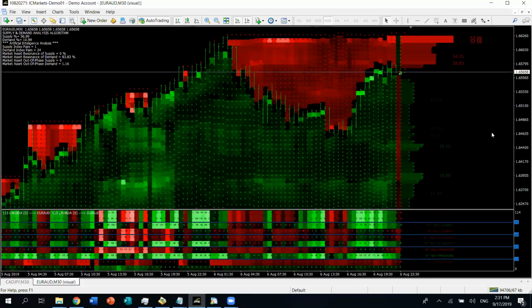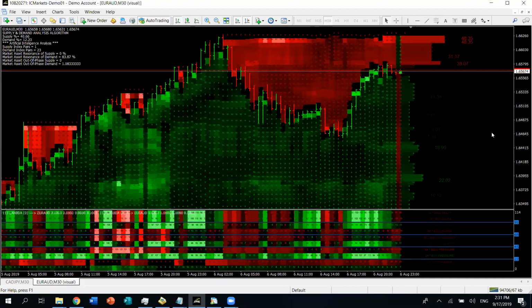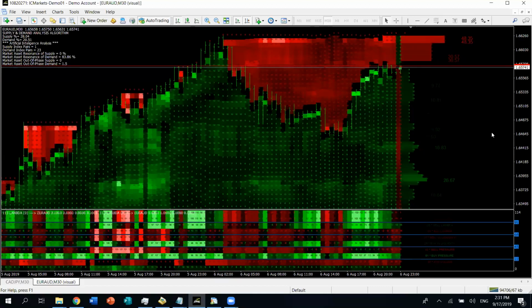It's watching where the volume of supply and demand is going. They're taking off from here, it's going somewhere else. They're taking from somewhere else and putting it here. That's why doing the AI correlationship is really powerful.